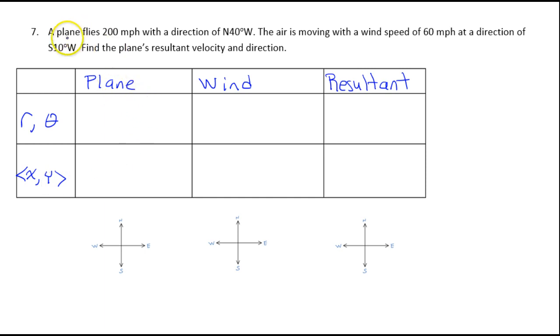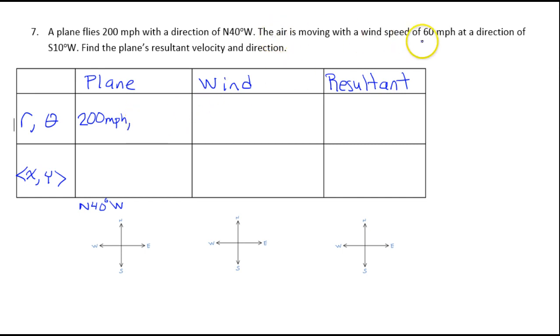So for the plane flies 200 miles per hour, that is the magnitude of the plane's velocity. So let's go ahead and write that down. 200 miles per hour. Now the direction, they're giving us this north 40 degrees west business. We're going to have to change that in order to be able to use it on this chart and in our calculation, so let me come back to that.